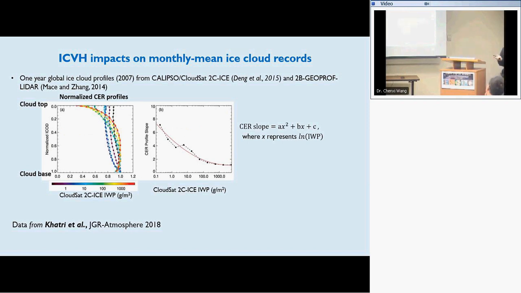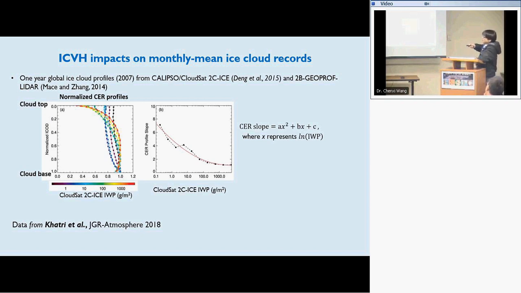Okay, now the question is how big this impact could be for global monthly ice cloud records, for example, the MODIS level 3 products. To answer the question, we have to use realistic data from CALIPSO and CloudSat. We use a year of data from 2C-ICE and 2B-GEOPROF-LIDAR data, and then get the average CER profiles from this data set. Those different profiles indicate clouds with different IWP.